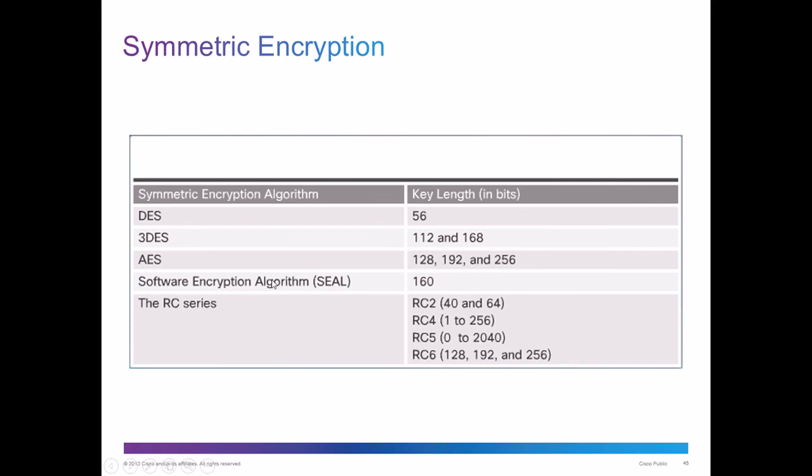The software encryption algorithm, SEAL, uses 160-bit keys, and then the Rivest ciphers, you have RC2, RC4, RC5, where MD5 is. RC4 is where WEP is. And then you have RC6, which was in competition with AES for the advanced encryption standard to use for VPNs.